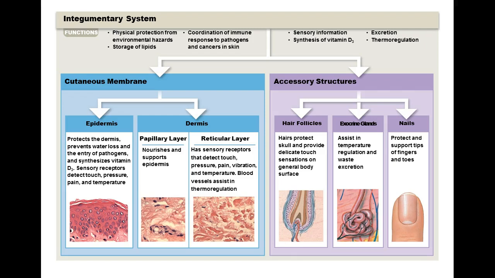These are on all parts of the body that you have hair, and what that does is provide touch sensation, protection, not only of the skull, that's what your book says, but also protection of the eye, a little bit of catching things there in the eye, and also the sensation to pick up the potential for something that could be harming you. With the exocrine glands, these are your sweat and your oil.